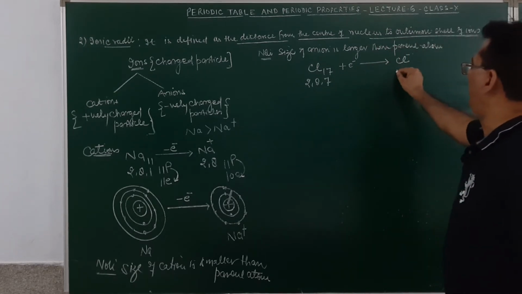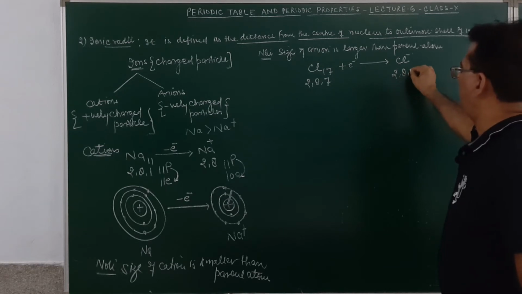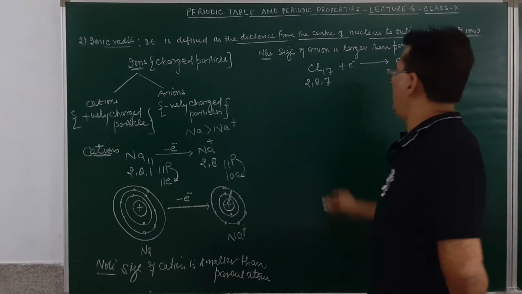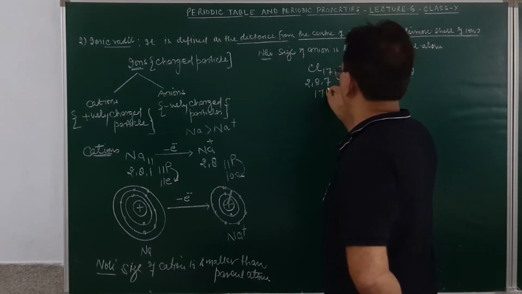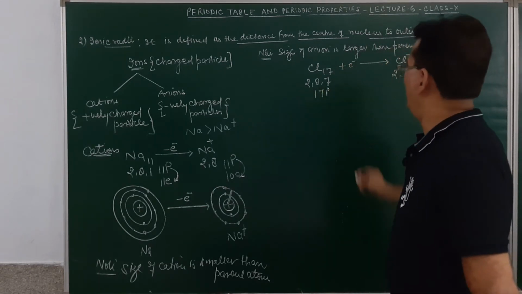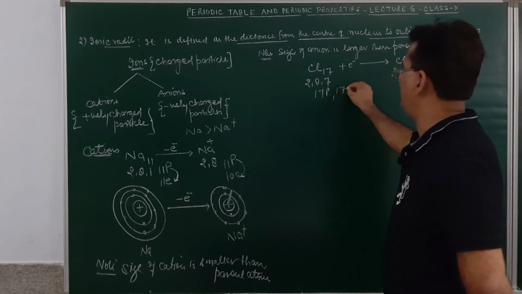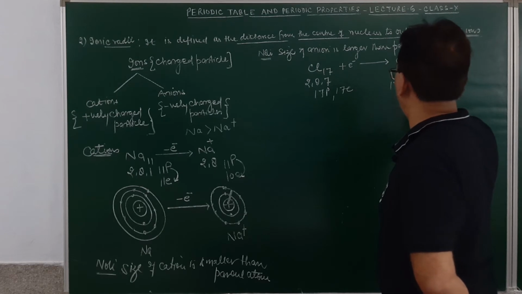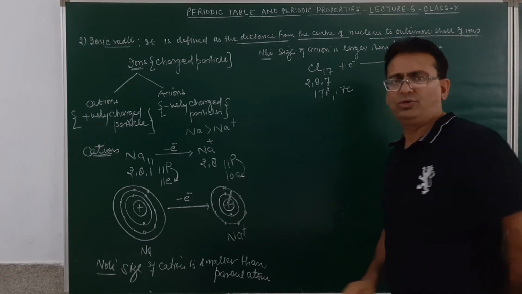The configuration over here will be 2, 8 and 8. Yes. Here how many protons are present? 17 protons. How many electrons are present? 17 electrons. Here number of protons are 17, but the number of electrons are 18 because one electron is gained.